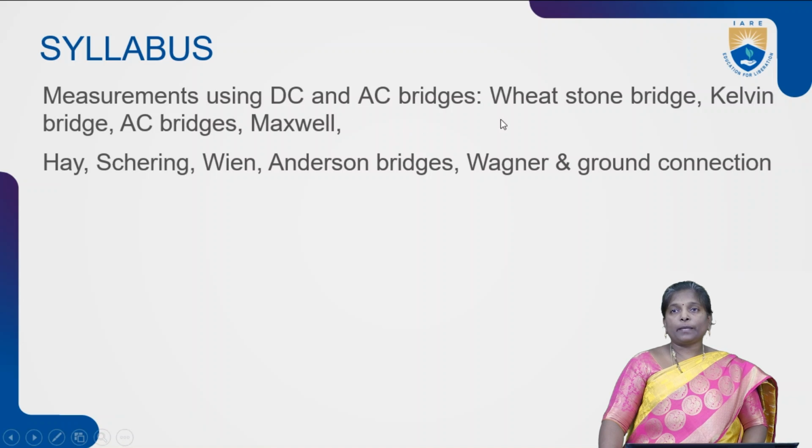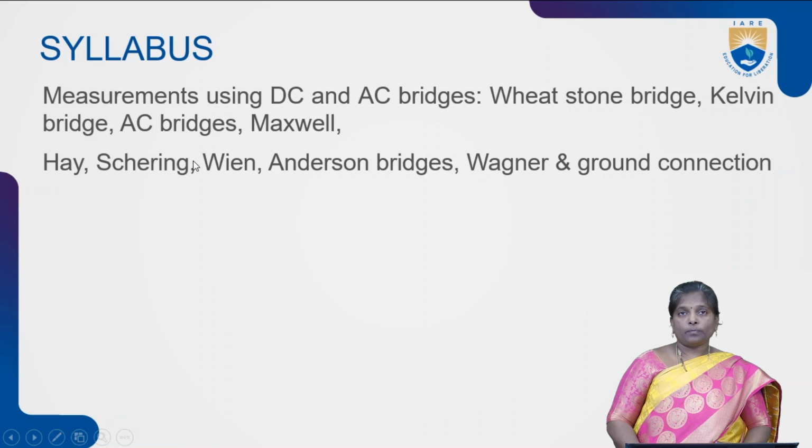We have different types of bridges like Wheatstone bridge, Kelvin bridge and Maxwell's bridge, Hay, Schering bridge, Wien bridge, Anderson and Wagner and ground connection. This is the syllabus for measurements bridges.